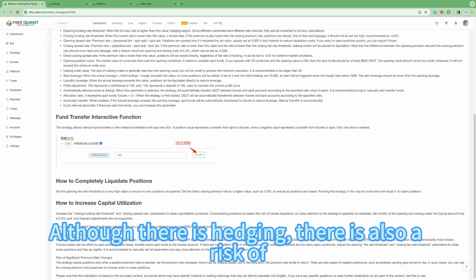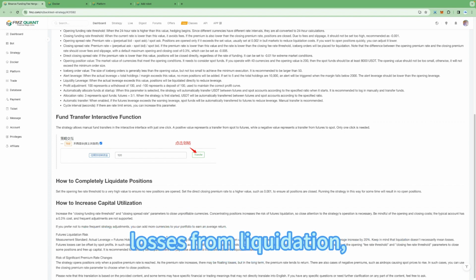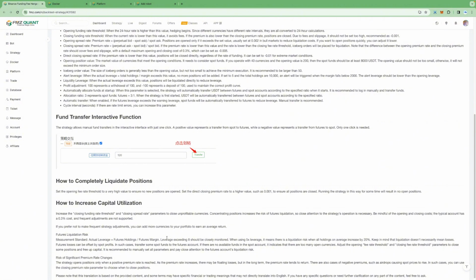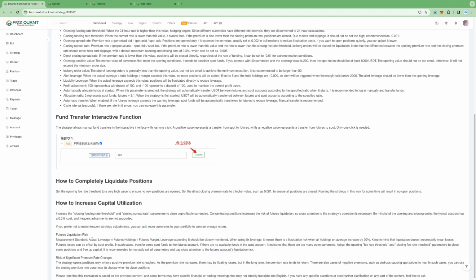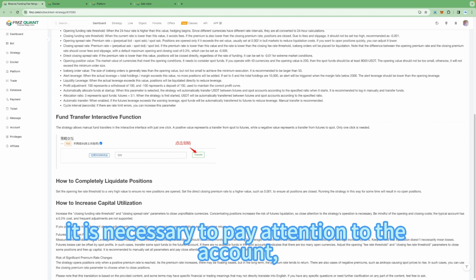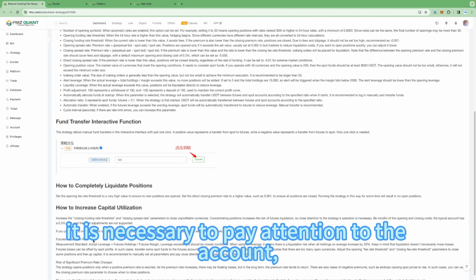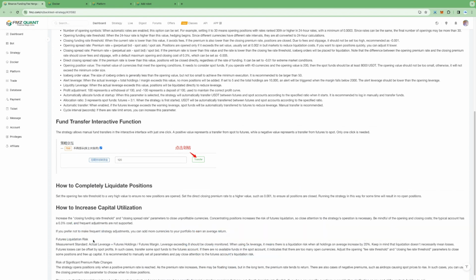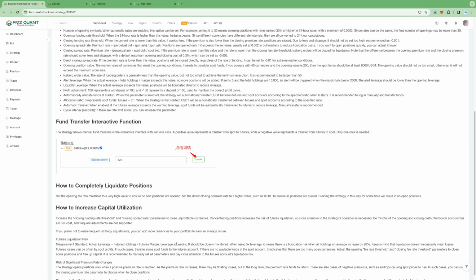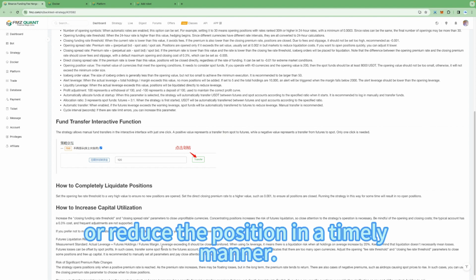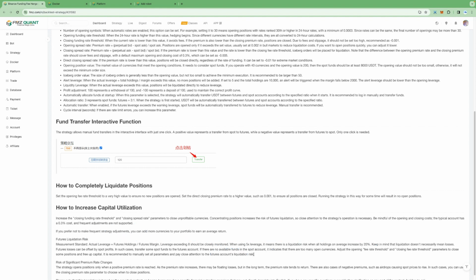Although there is hedging, there is also a risk of losses from liquidation. That is to say, when there is a risk of liquidation, it is necessary to pay attention to the account, transfer the margin in a timely manner, or reduce the position in a timely manner.